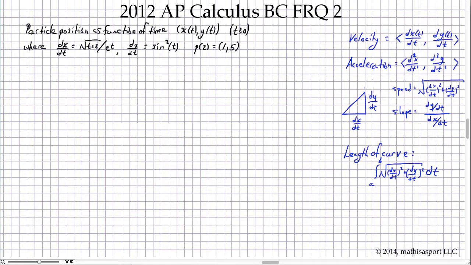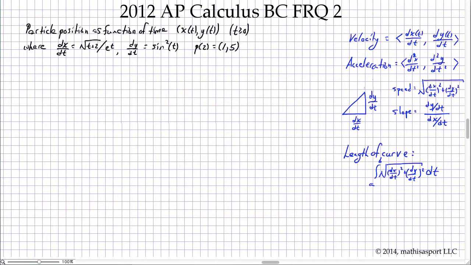The definition of speed as the magnitude of the hypotenuse of the triangle, the definition of slope as the rise over the run of the triangle, and the length of a curve as simply the sum of a whole series of infinitesimal hypotenuse lengths along a curve.